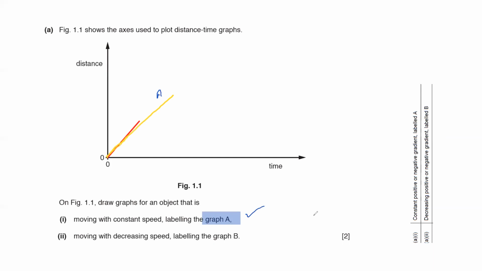That's right. It will be a straight line. And moving with a decreasing speed. Decreasing speed means decelerating. The term decreasing speed means deceleration. So how do you represent a deceleration?